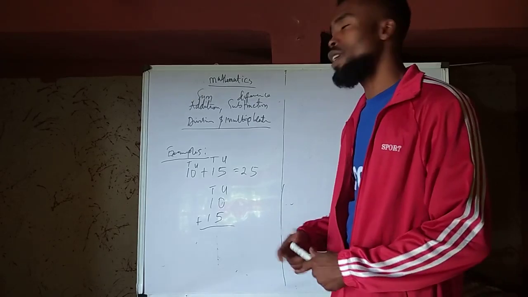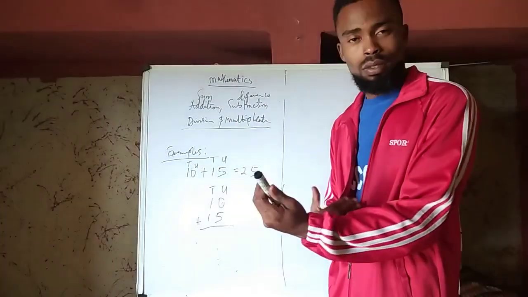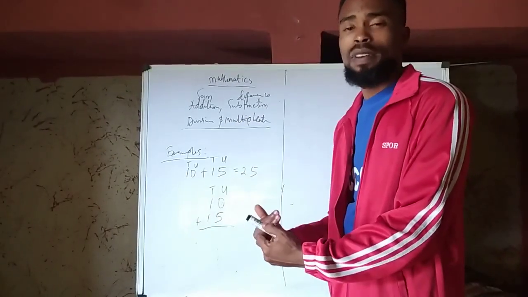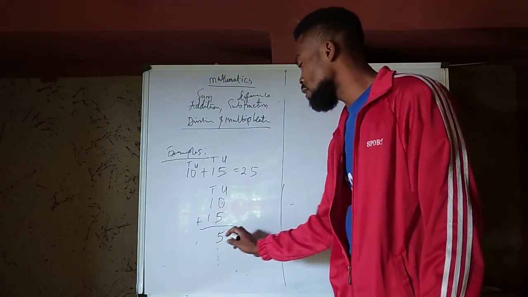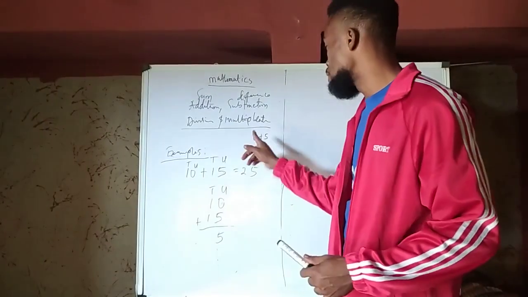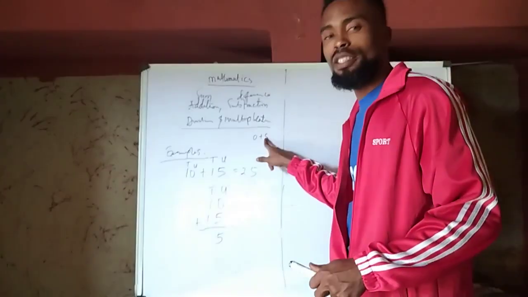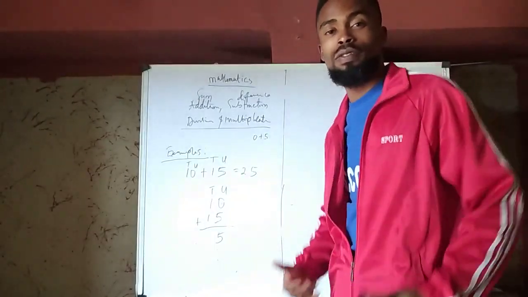In this kind of addition now, we can then do digits to digits, like units, depending on their place values. So 0 plus 5 is what? 5. Because if you have 0 and then you add 5, maybe you had nothing before and then you were given 5. So that means you now have a total of 5.